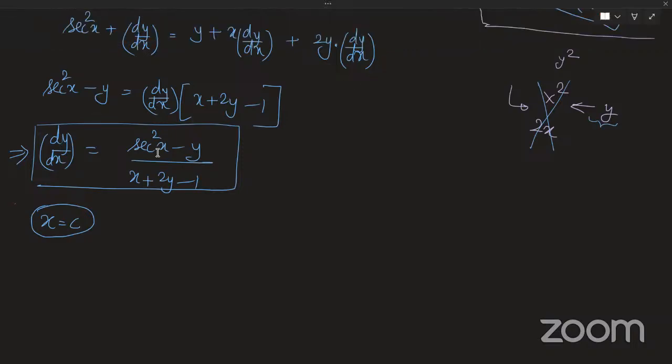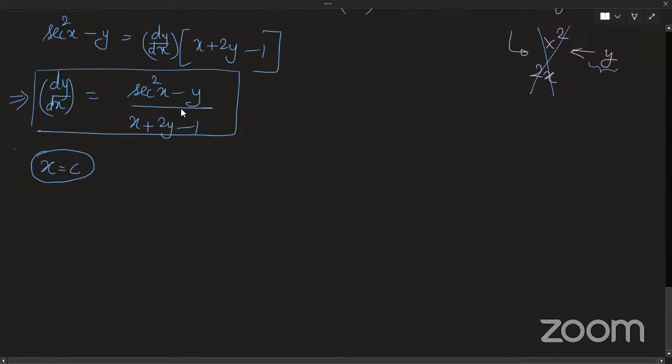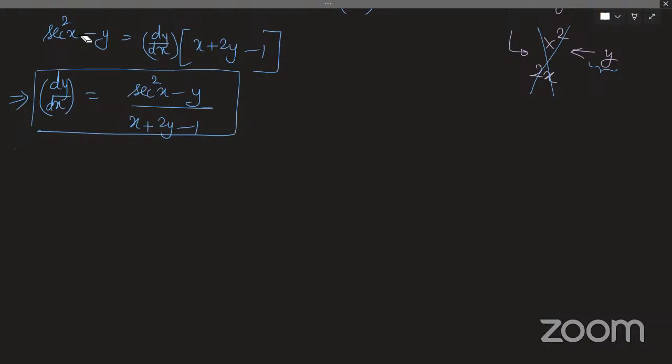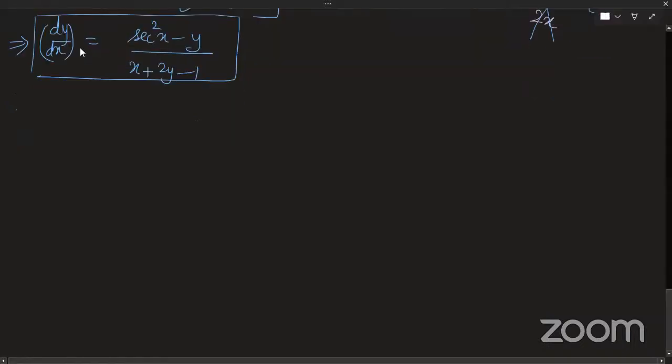Great. So you will have some terms of y also on your right hand side. What would you do about that? For example, you will be given x as some constant c. So you can use your value of x directly.